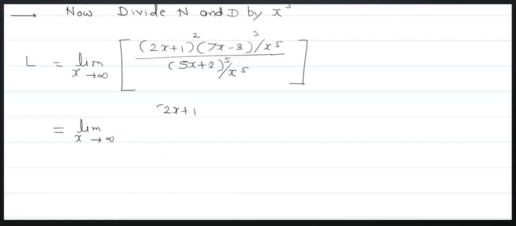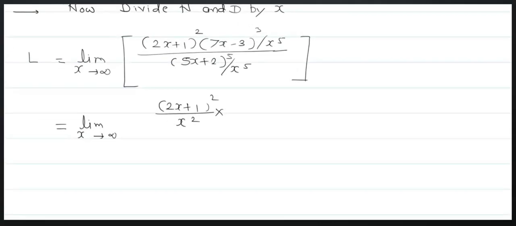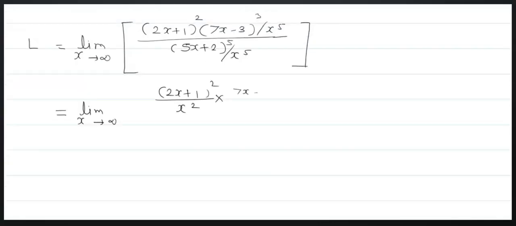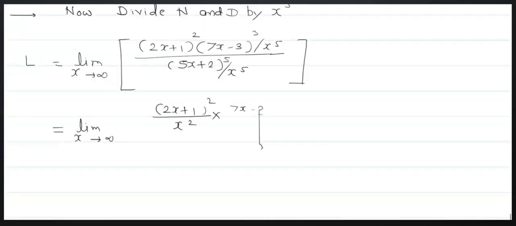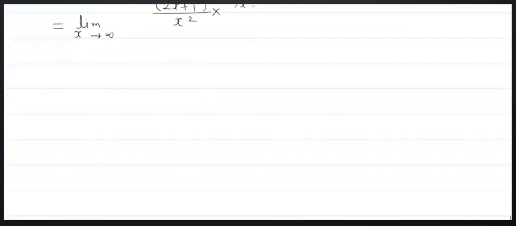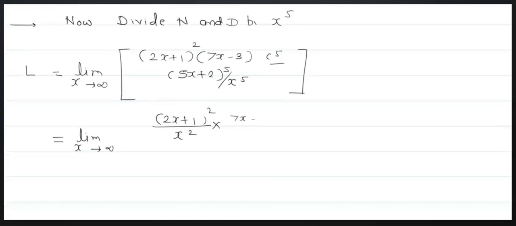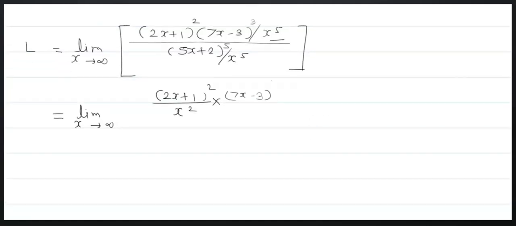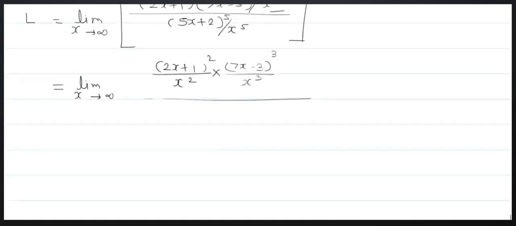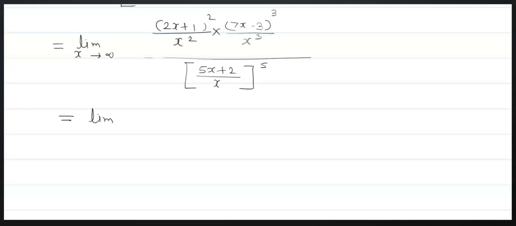Limit x tends to infinity of (2x plus 1) whole squared upon x squared into (7x minus 3) cubed upon x cubed, upon (5x plus 2) upon x, whole raised to 5.